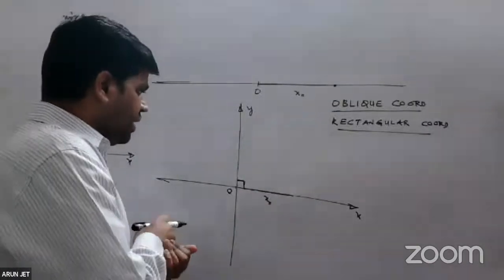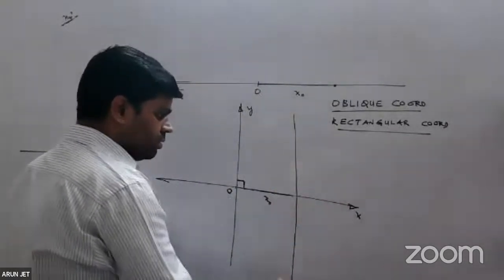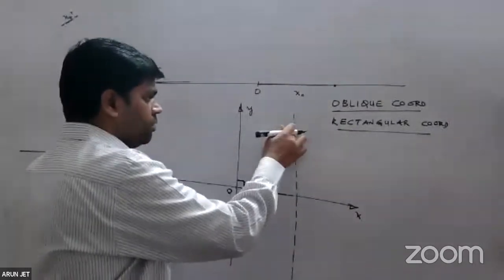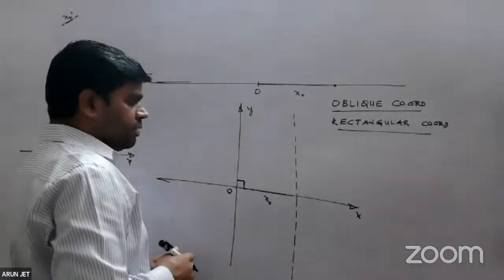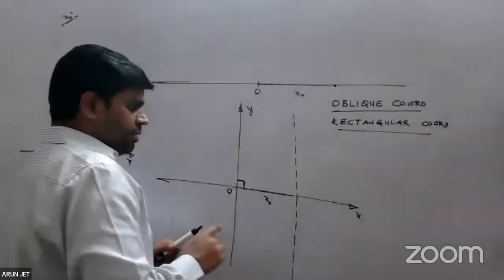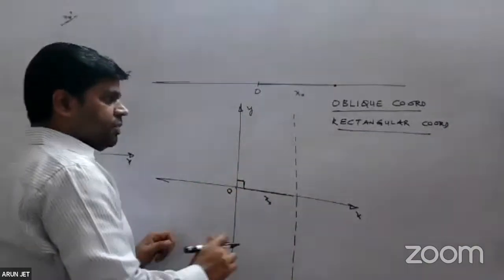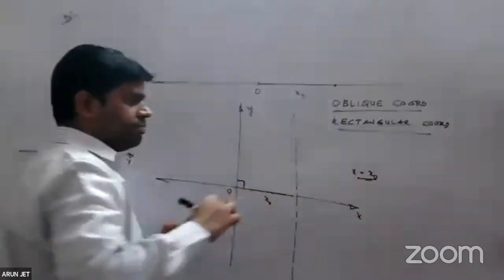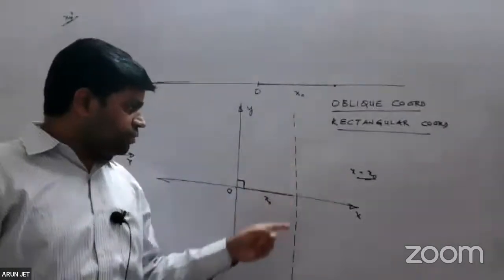Now look at this. If I draw a line parallel to y-axis at a distance of x naught from origin, this way, the condition which this line satisfies is that its x coordinate is x naught, no matter what the y coordinate is. So the equation of this line I can write as x is equal to x naught, or this line's coordinate is constant.